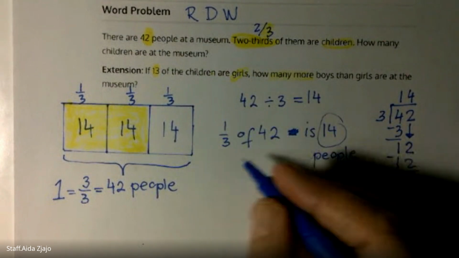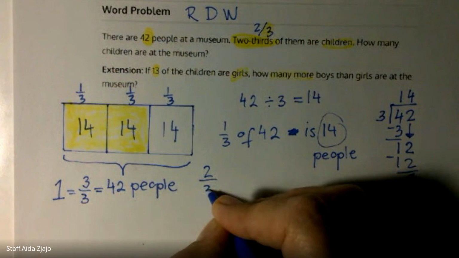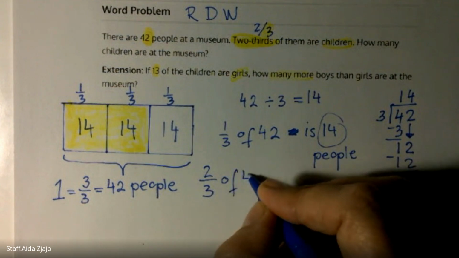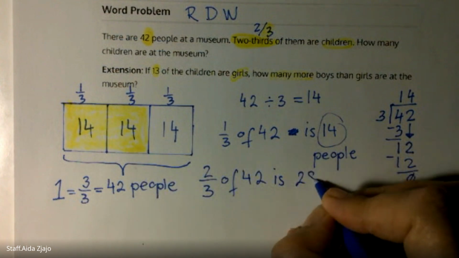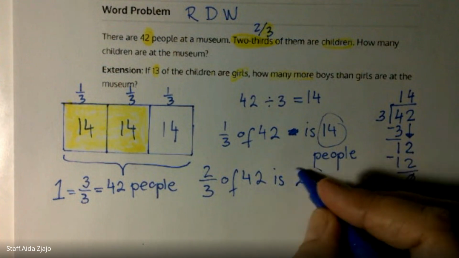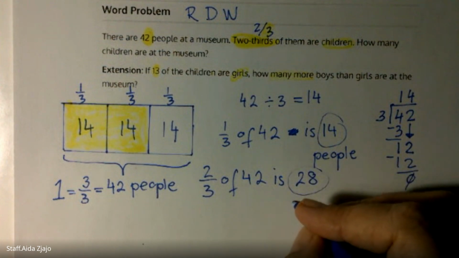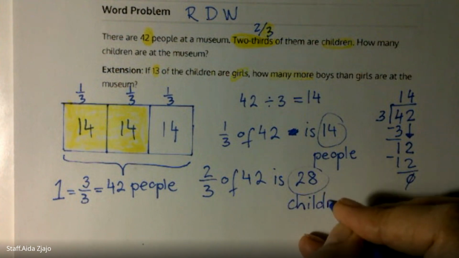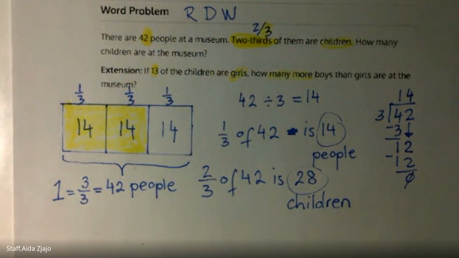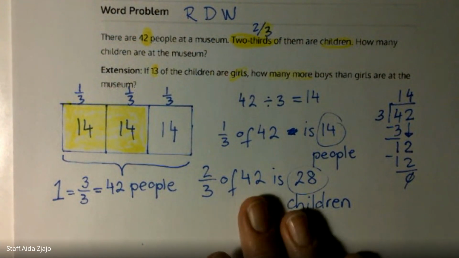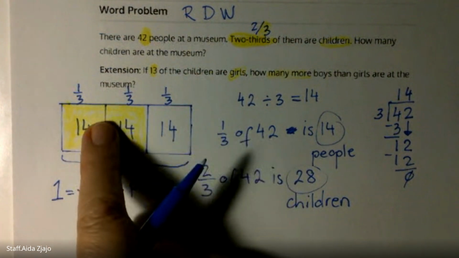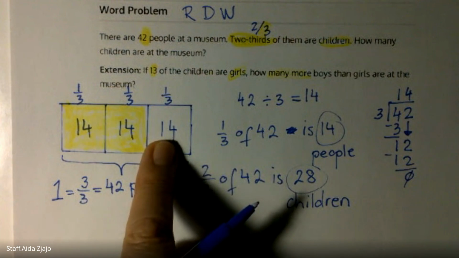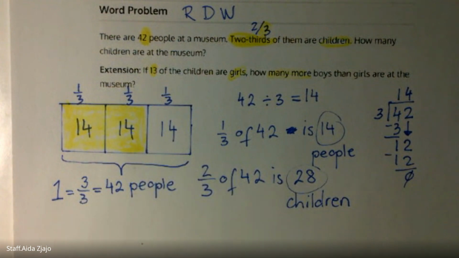If I know 1/3, it's easy to find 2/3. 2/3 of 42 is 14 plus 14 is 28, and that would be 28 children. So there are 42 people in the museum. 2/3 are children. 1/3 are probably adults.